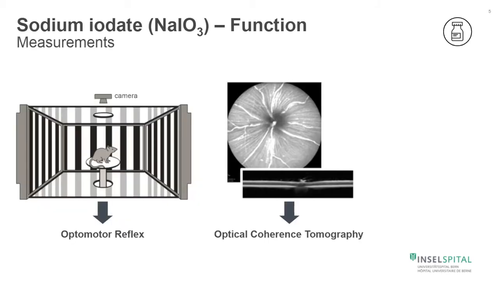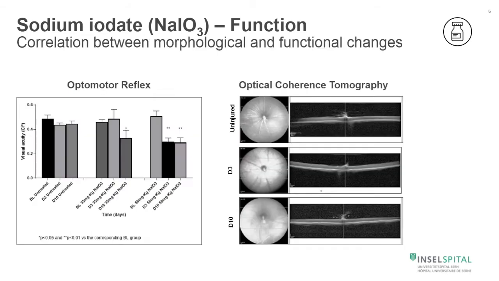And that is what we have done to characterize our model. We have used the OptoDrum from Striatech in order to follow up the development of the visual function, and then we have compared that over time with the images we get from optical coherence tomography. This is shown here.